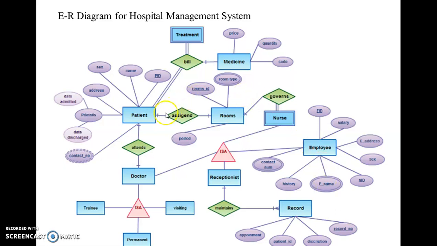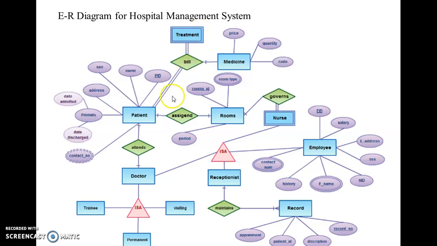Now those entities get connected by a diamond with a name. Here there must be a proper name or a verb or a particular word which will identify what kind of relationship exists between two entities. So for a patient and room, there is a relationship assigned.